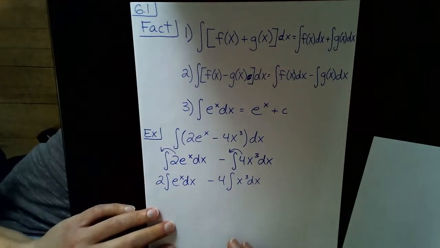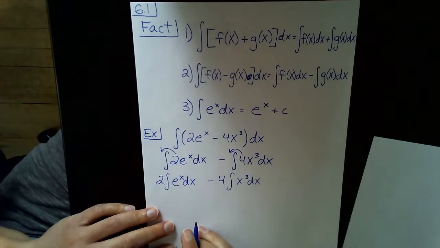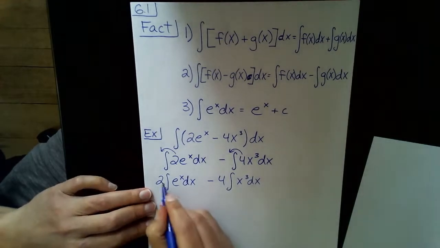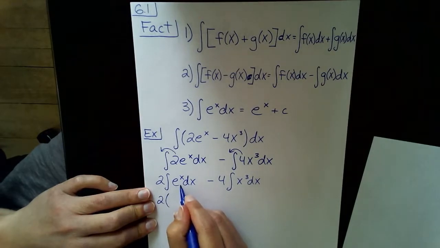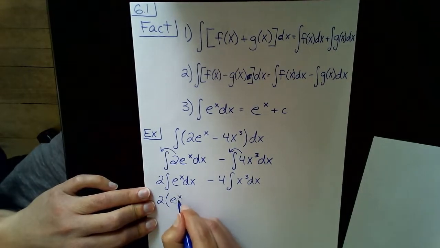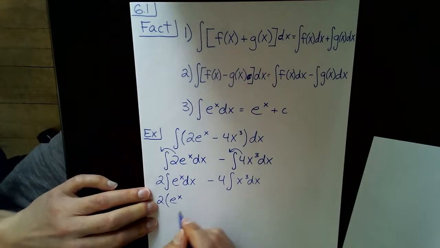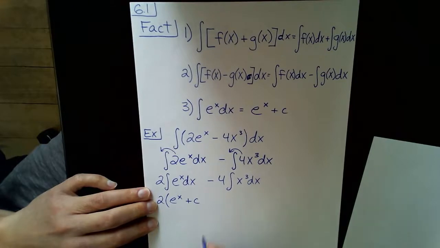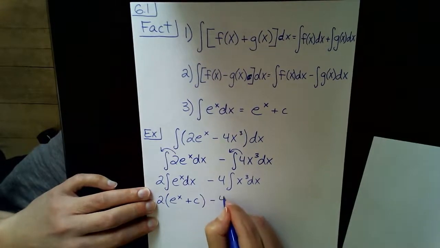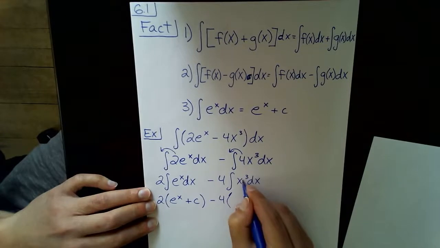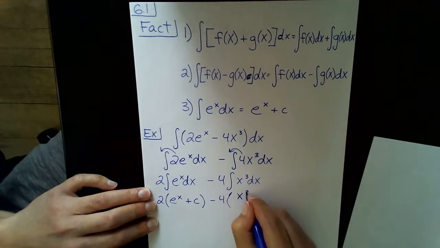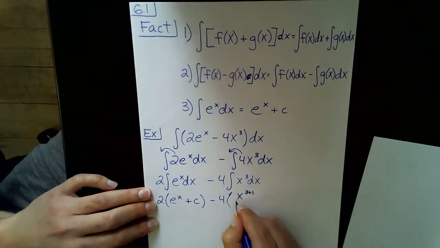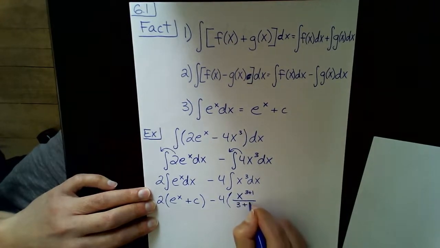And now from here, we can start taking our antiderivatives. We have 2 times the antiderivative of e to the x. Well, we said that's just e to the x. It doesn't change, but we do get a plus c. Minus 4 times the antiderivative of x cubed gives us x to the 3 plus 1 over 3 plus 1.